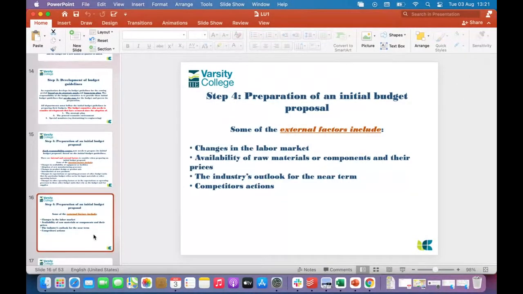Then industry: the industry's outlook for the near term. If for any reason we are no longer able to import the equipment that we need to cut our jewelry, you'll find there'll be fewer players in the market, or there'll be significantly higher charges for importing this equipment because it's now scarce, so that is going to impact our budget.